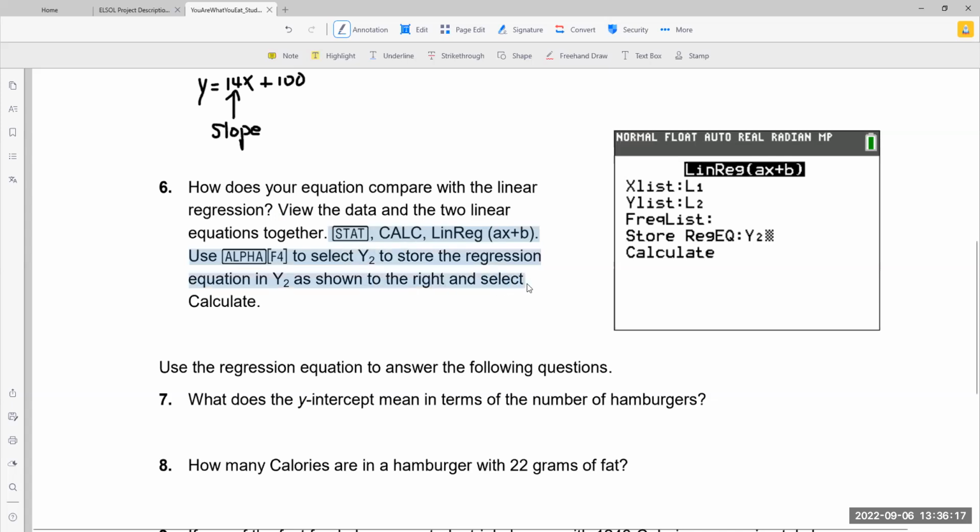Let's go ahead and run a stat calc lin reg and let's store it in Y2. And then we'll be able to answer how does your equation compare with a linear regression and view them together. So all their instructions here are backwards from how we should be doing things.